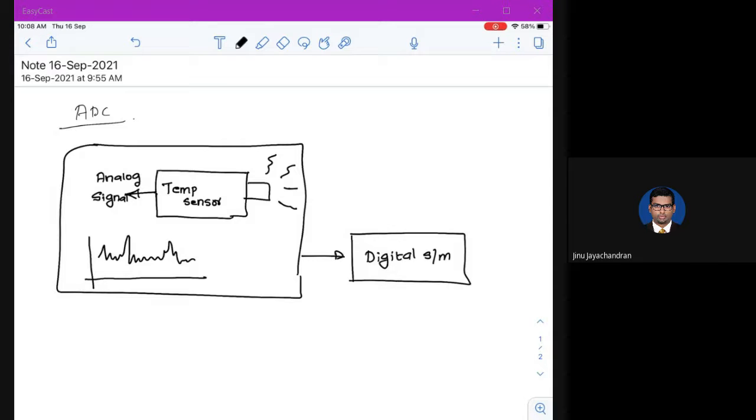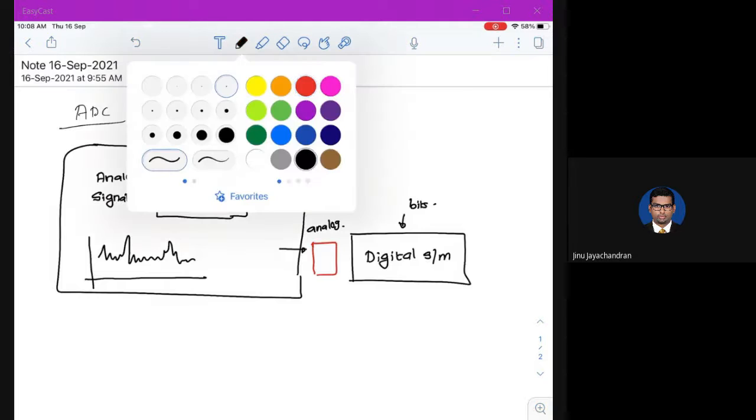To interface this to a digital system, there should be some kind of a bridge, because the digital system takes only bits, and the output coming from here is an analog voltage. So there should be a bridge which connects the digital system to the analog system.